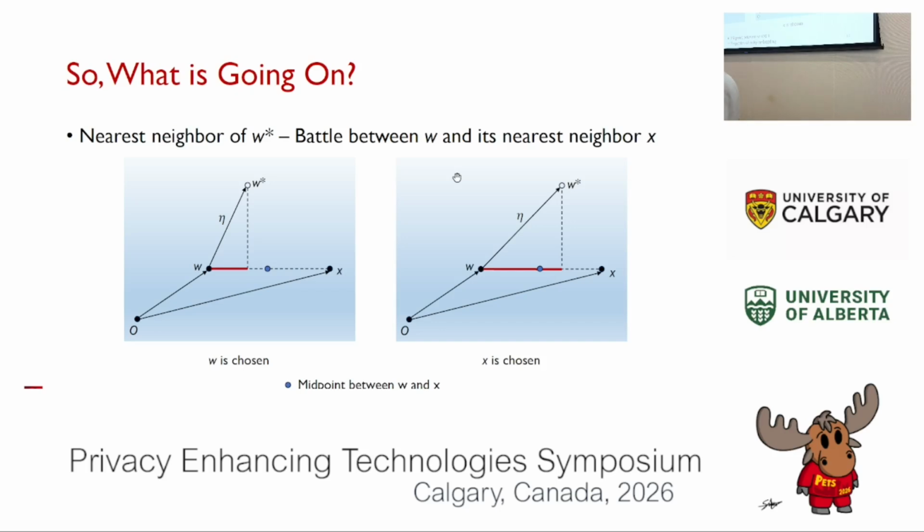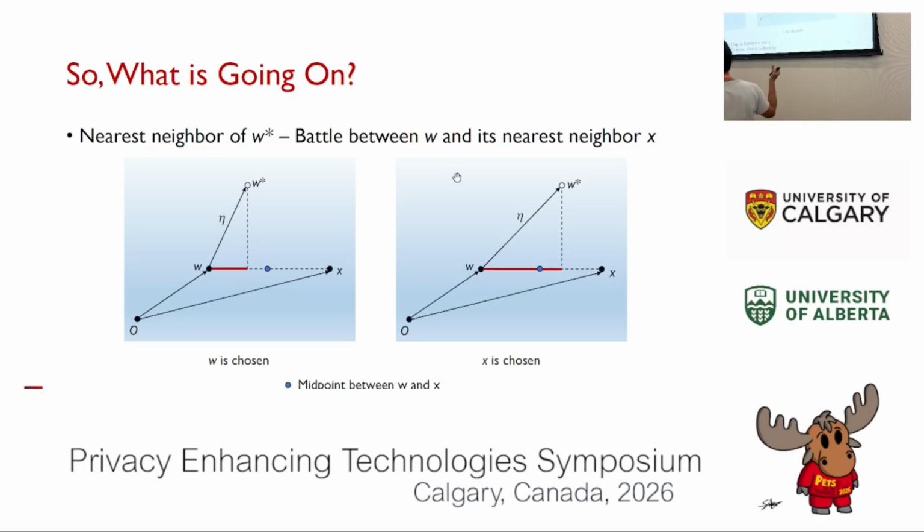So what is going on? Here on the left, I've got the original word W, and X is the nearest neighbor, and that blue point is the midpoint between these two. The noise distribution would have a projection. If the length of this projection is less than that blue dot, then the original word is output.